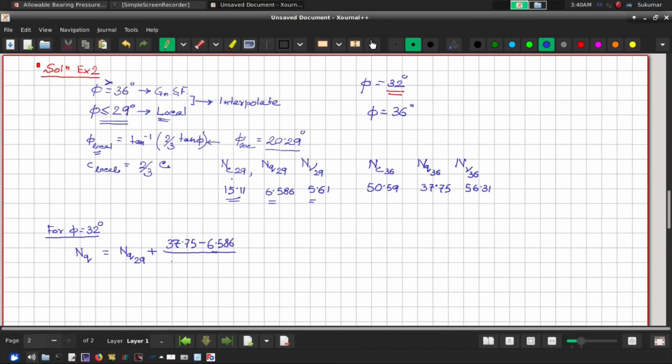This I should divide by 36 minus 29, which is 7 degree. Okay, 36 minus 29 into, now what is the difference of my phi from 29? It is 32 minus 29. So this will give me the linearly interpolated value of NQ for a phi of 32.